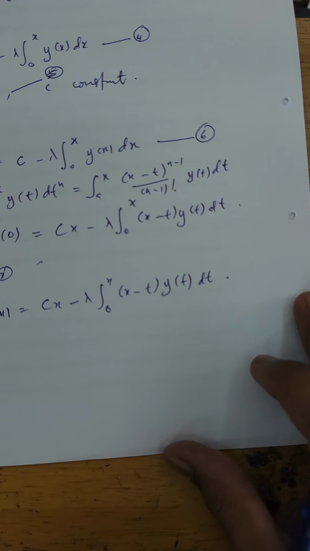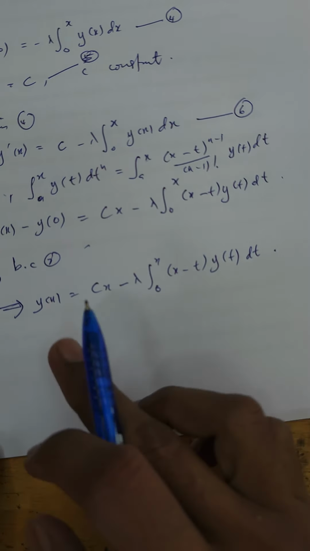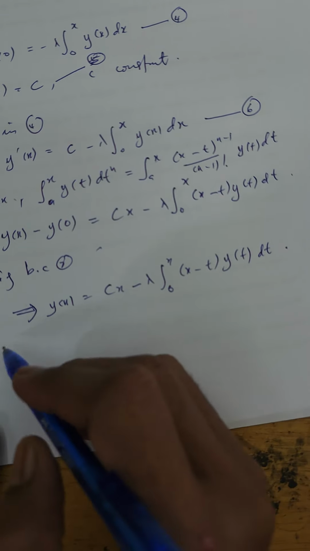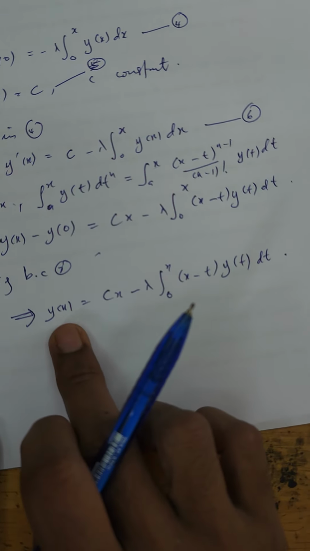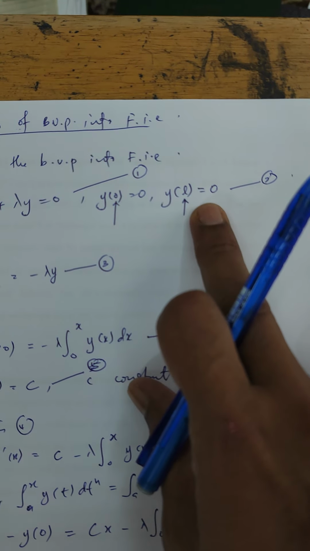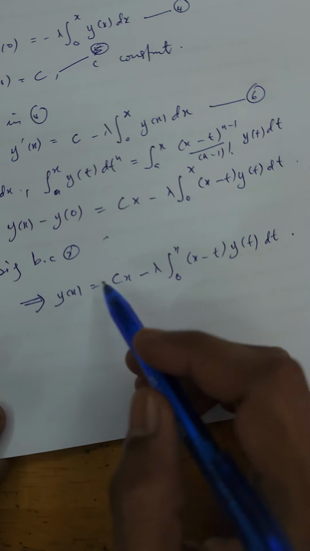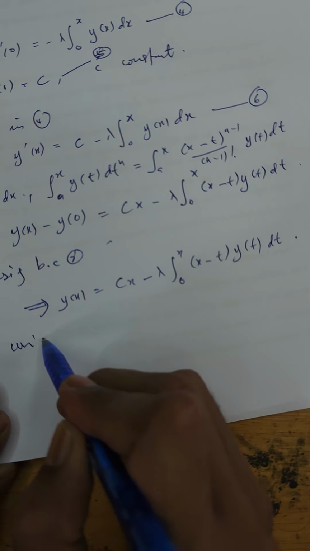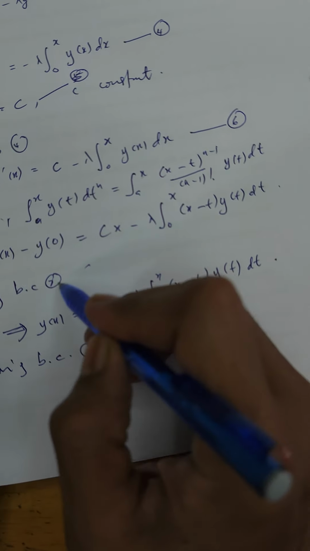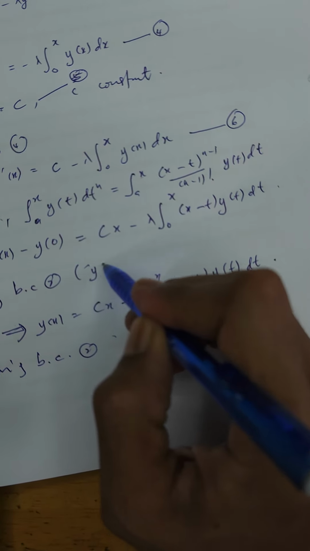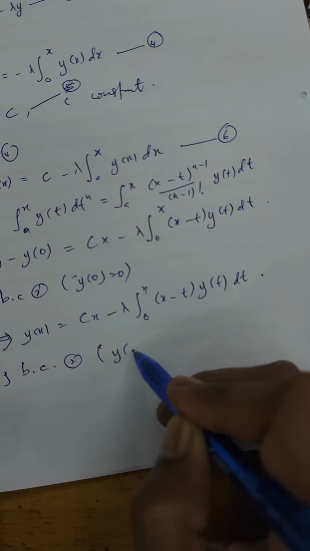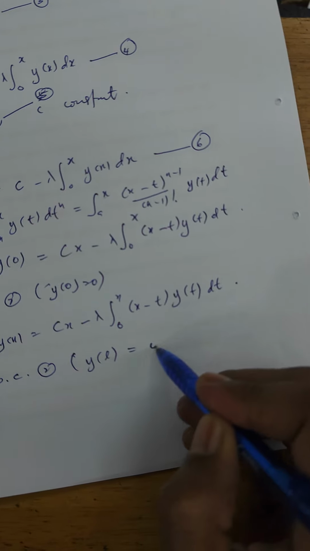Alright, now from there we can use another condition. Given the boundary conditions, the other one is y(L) equal to 0. Now you can use it here. In this case we had y(0) equal to 0, and now we use y(L) equal to 0.